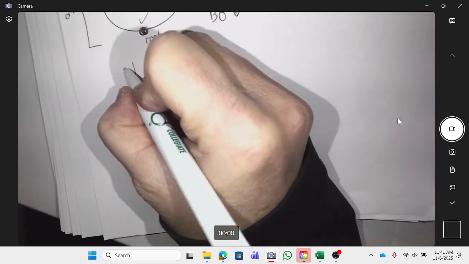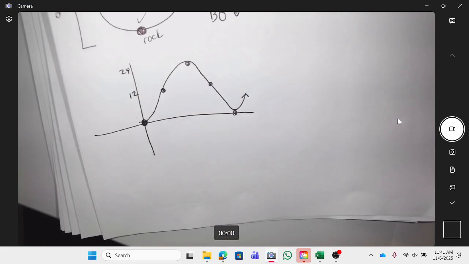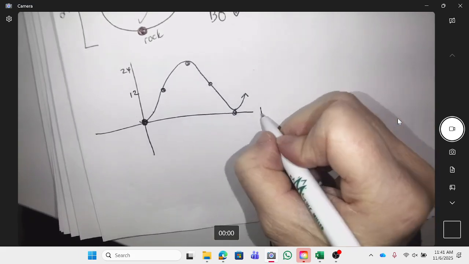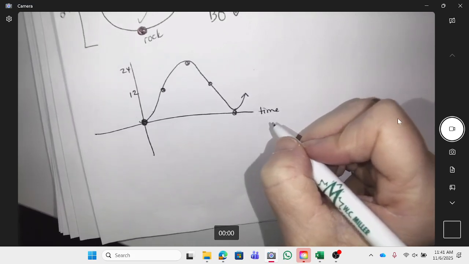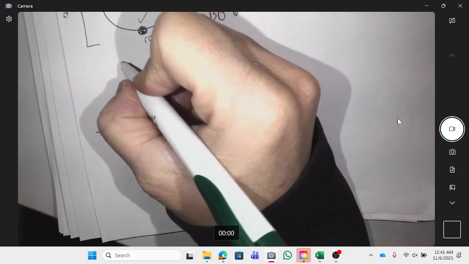So 12, 24. Why did I draw one arrow and one not arrow? Because it's time and we're starting at 0 time. We're not going back in time. Okay.